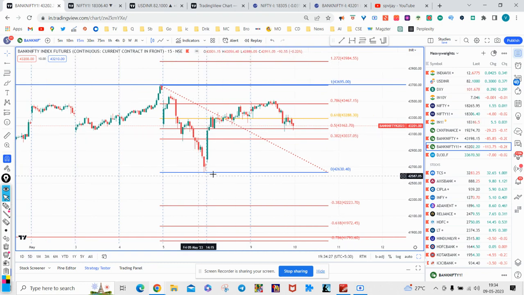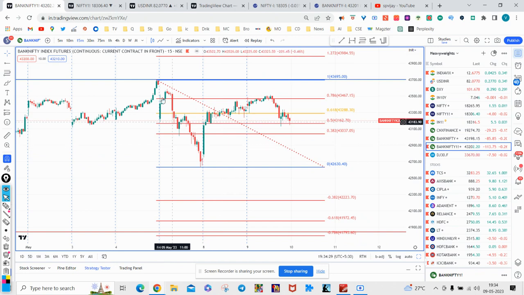Until it breaks this swing also, we are still in a kind of inside candle scenario. It's a big range which the price has created, and the price is just hovering around this range. So it's like a choppy zone. Price can move in either direction in this zone, so one has to be very sharp in analyzing the data and trends to trade such a direction.